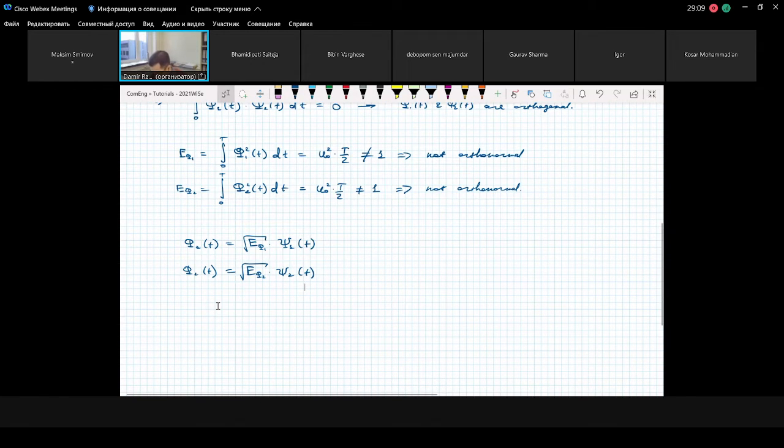So we just need to divide each pulse shape function by the square root of its energy in order to find the first and second basis functions.